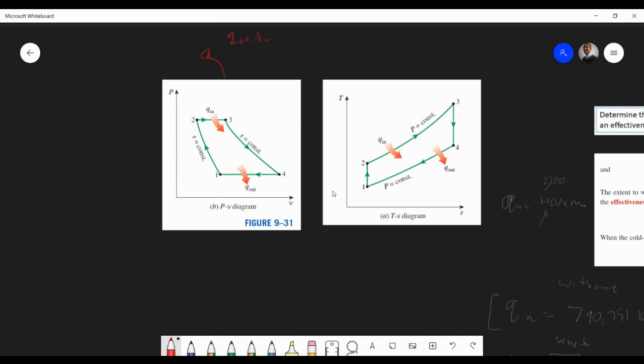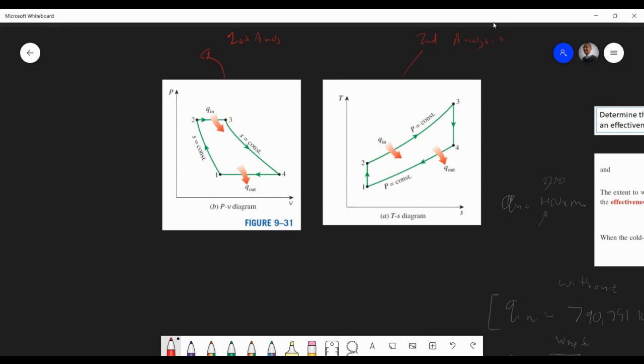The TS diagram we normally use for second law analysis because we've got the entropy value. They're all linked.